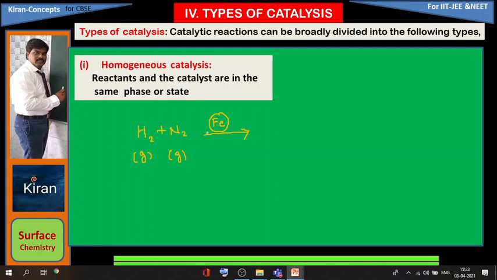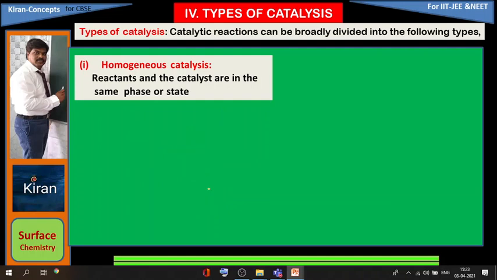So these are in the gaseous state, but what state is this? Solid state. So solid state and gaseous state, two different states are there. Such kind of catalysis is known as heterogeneous catalysis. If both are existing in the same phase, that is homogeneous catalysis.